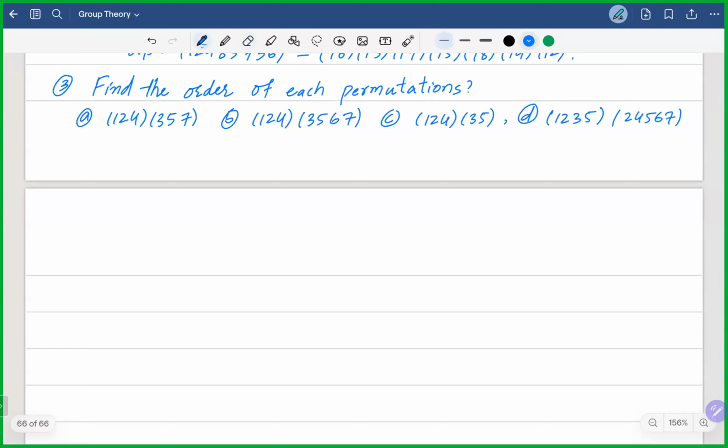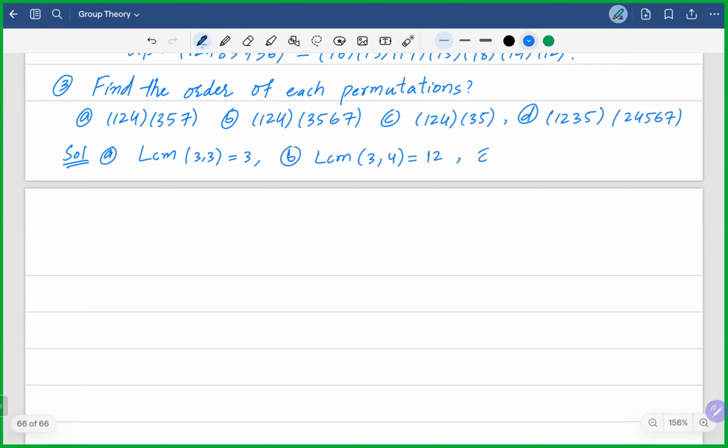Okay, now a solution. A. We know that the order of a permutation is the LCM of its cycle type. That is going to be LCM of 3 and 3, which is 3. B. LCM of 3 and 4, that is going to be 12.